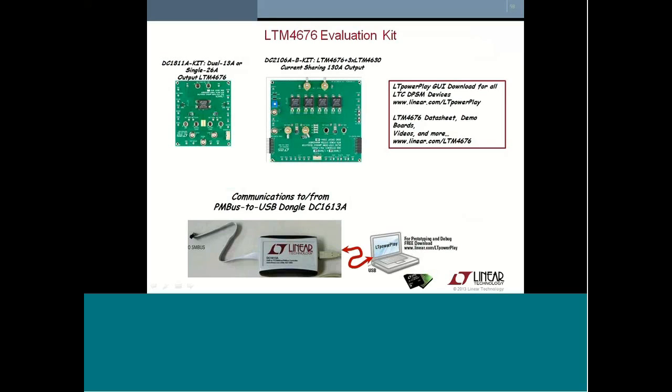You can play with that through this PMBus to USB dongle, DC1613A, running LTpowerPlay software, easily downloadable from our webpage. You can give commands to provide the output as you wish.